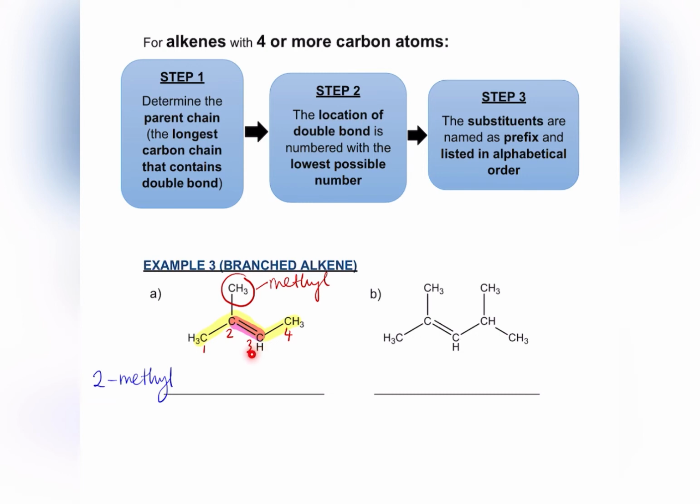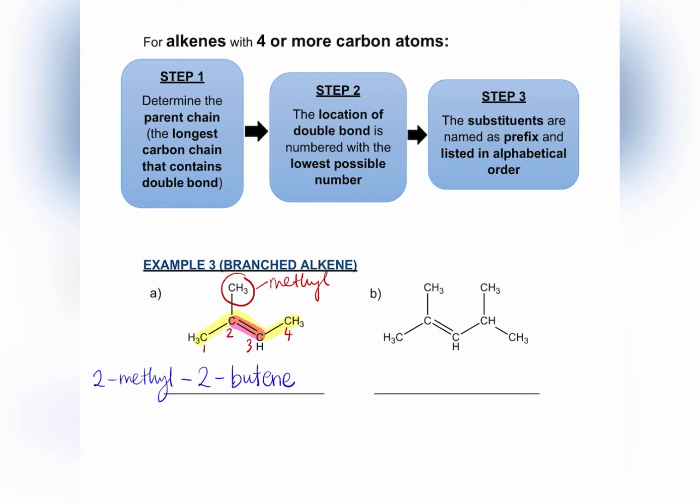However, you have to put the position of the double bond. For the position of the double bond, we choose 2, not 3, because 2 is the lowest. So the full name will be 2-methyl-2-butene. This is the full name for this structure.